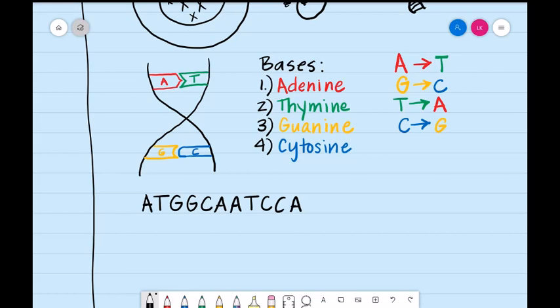I would know that if it's making a copy of itself, if RNA is turning into DNA, if it's copying, A would pair with T, T with A, and so on and so forth. So you'd really end up with this code.